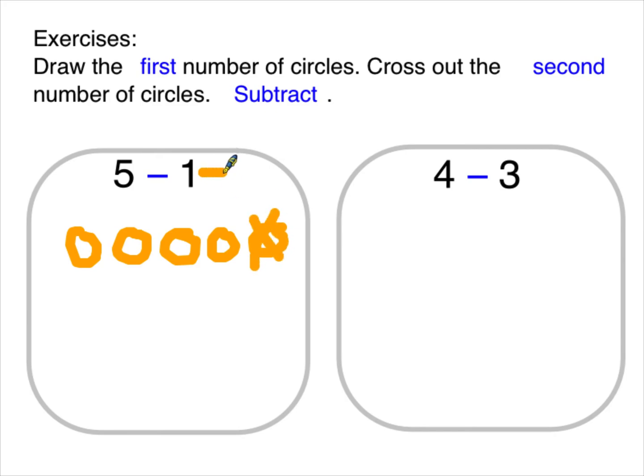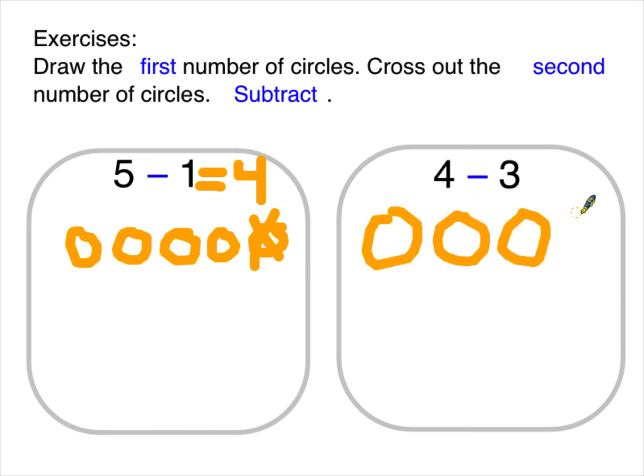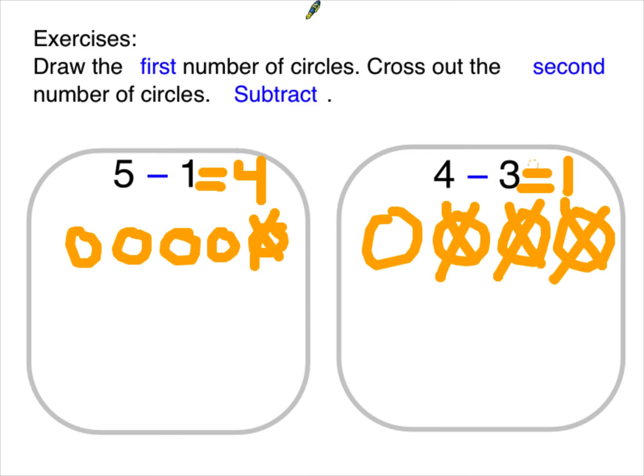We end up with equals 4. 4 take away 3. Take out your dry erase board. Start with 4. Take away 3. 1, 2, 3. Ends up with equals 1 circle.